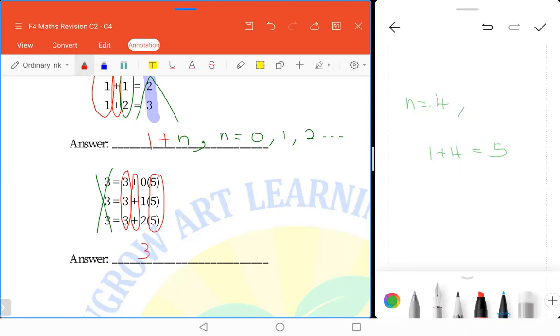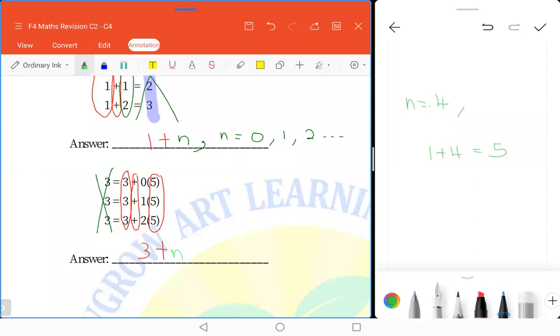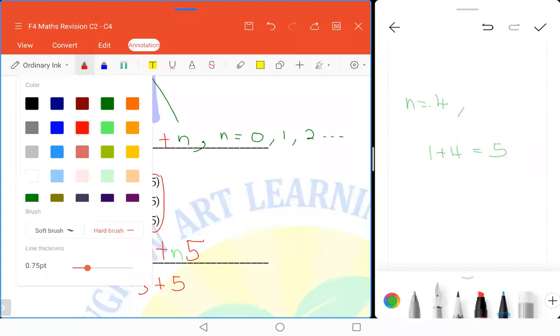So 3 plus n and 5. But when we write like this, when we read 3 plus n 5, this is not nice, right? So we just change it to 3 plus 5n, because n times 5 is 5n.